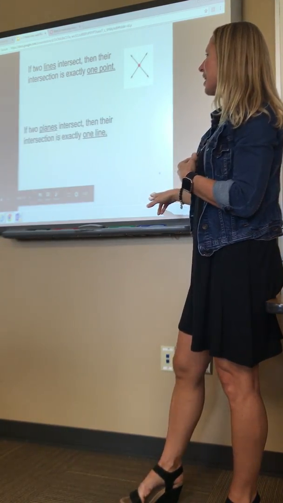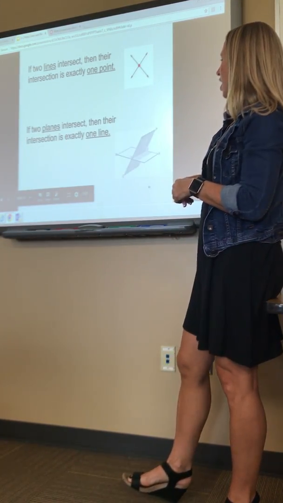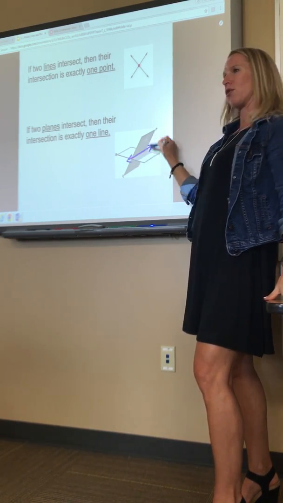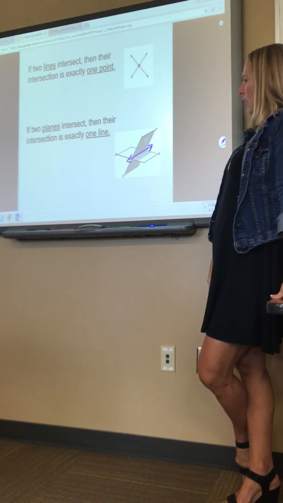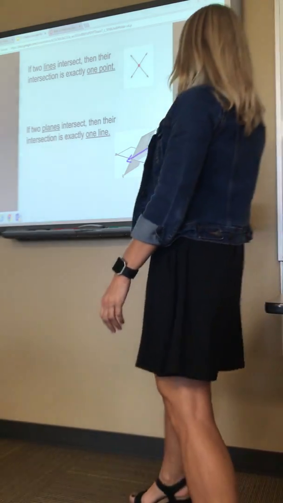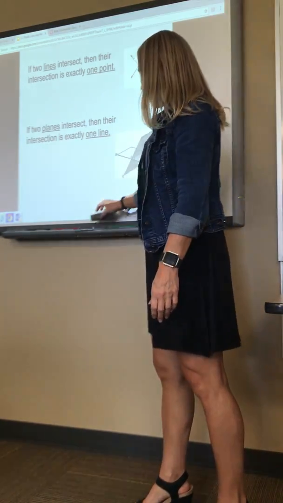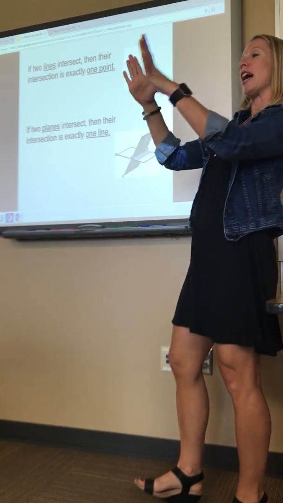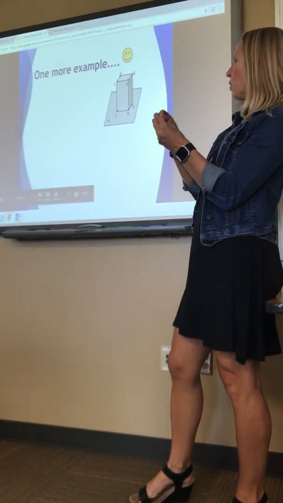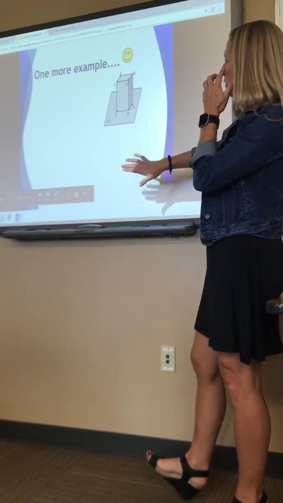If two planes intersect, their intersection is a line. Do you see how they would intersect through that? I couldn't draw it, I tried to draw it up here. It's an X. I'm not good at drawing. But if two planes intersect, their intersection is a line. So if two lines intersect, it's a point. If two planes intersect, it's a line.